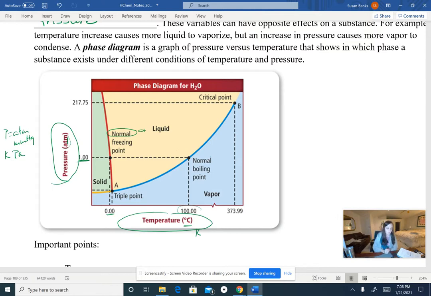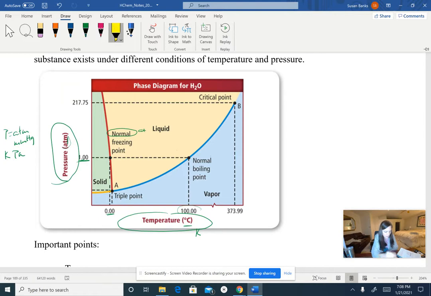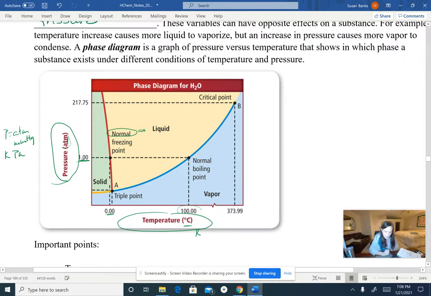Okay, so we have a couple of different lines that are really important on this diagram. This blue line right here from point A to point B is our vaporization line. So if we go from the liquid to the vapor side, we are vaporizing.